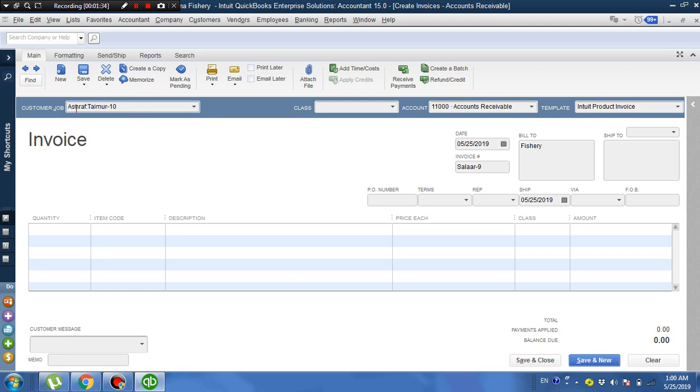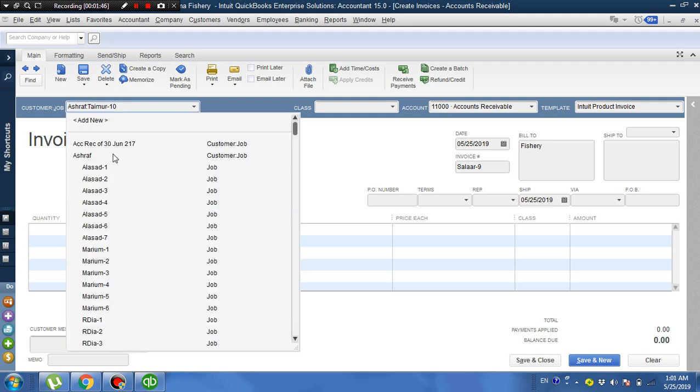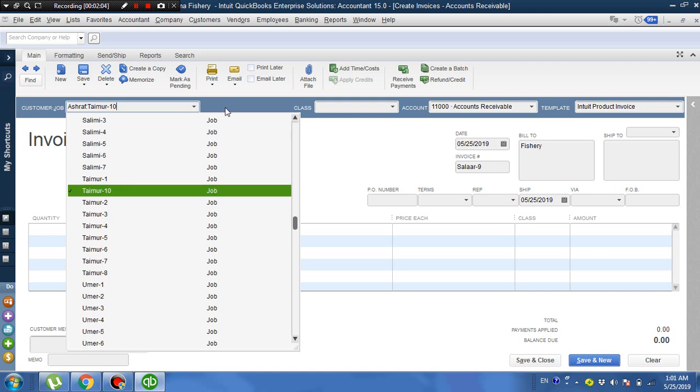We'll choose the job, and the customer will automatically be selected with it. Only selecting a customer from the top is not a good idea because the job is not selected with that. You should always select a job that you have created, and then make the sale invoice on that job. We have selected Taimur 10.